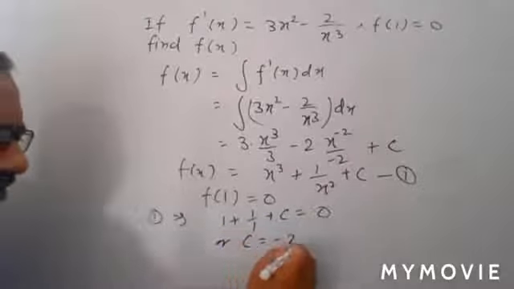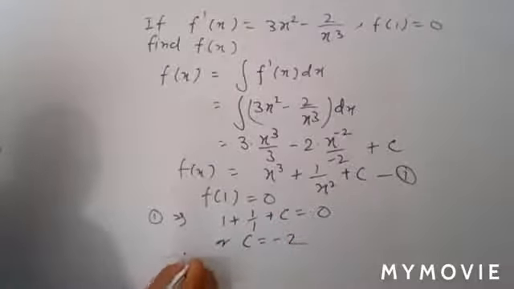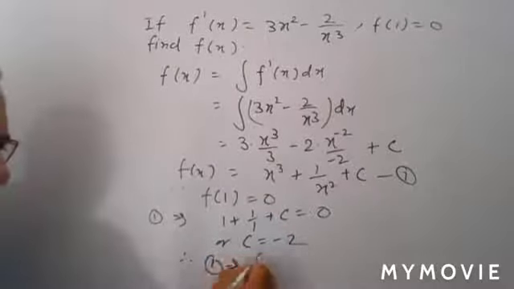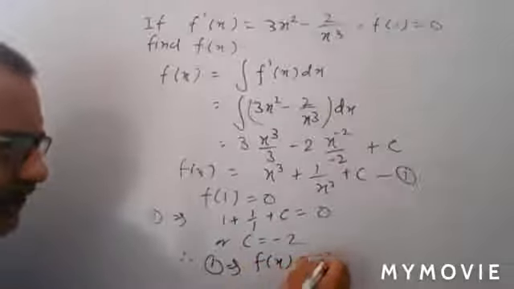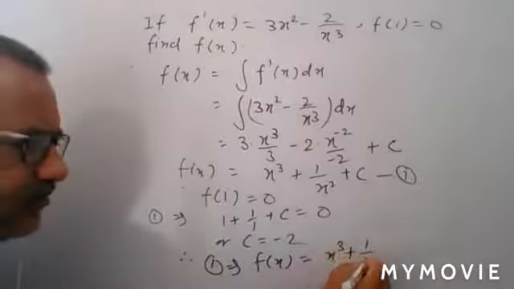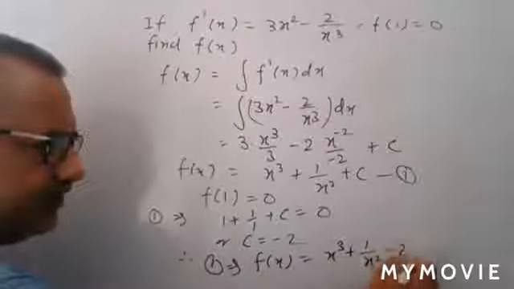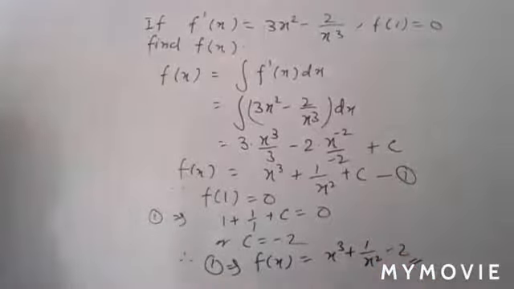So the value of c is equal to minus 2. So again you put it in equation 1, and you have your function fx is equal to x cube plus 1 upon x square minus 2 as your answer. So in this way, you can solve that type of question.